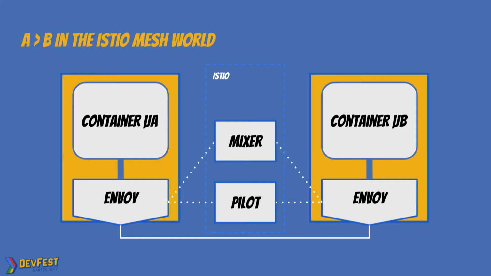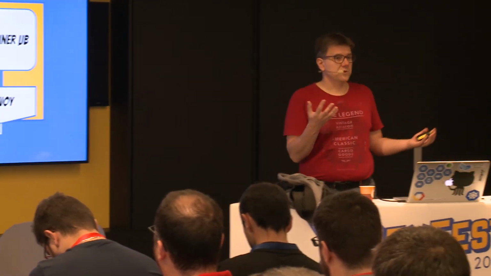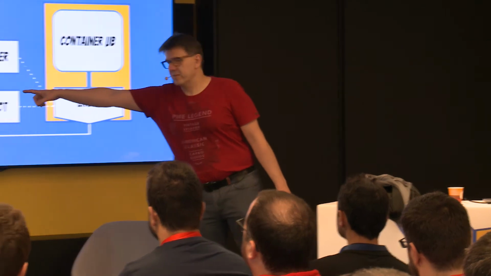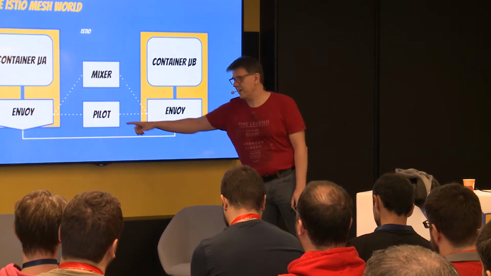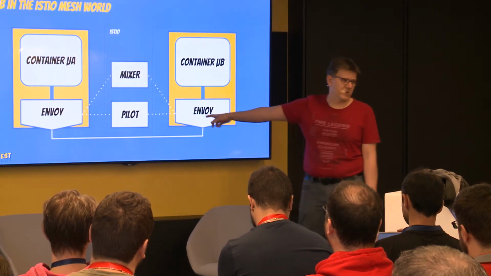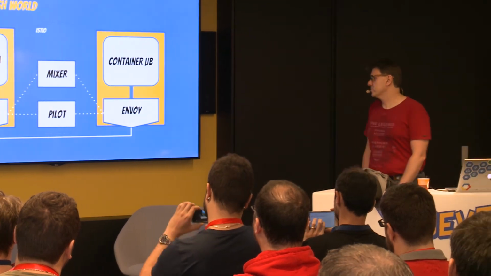So if you do a call to the other service, everything in your mesh will at the receiving side also go through the Envoy. So it does two hops, because it needs to check that the things that came in are valid. Typically that's what you do in your application as well. You write your boilerplate for your client, and here you write your boilerplate for the server.